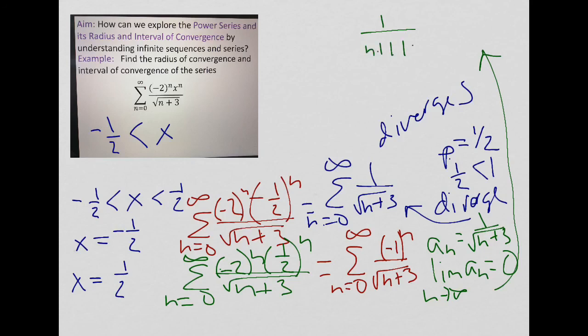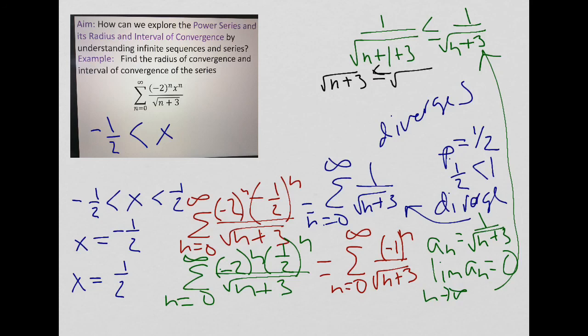I'm having a problem with my marker here. Okay, n plus 1 plus 3, and our nth term. And we go to solve this inequality.